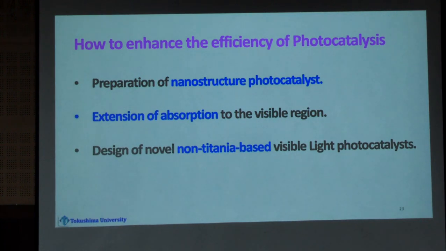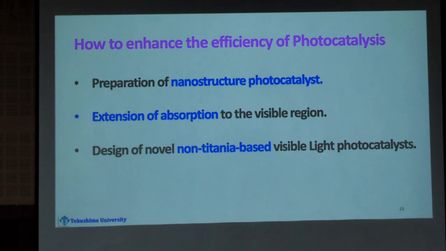But last 12 to 15 years, especially after the graphene discovery and Nobel Prize, researchers started to work on two-dimensional structure. And that two-dimensional structure is non-titanium base. Titanium oxide has some disadvantages.